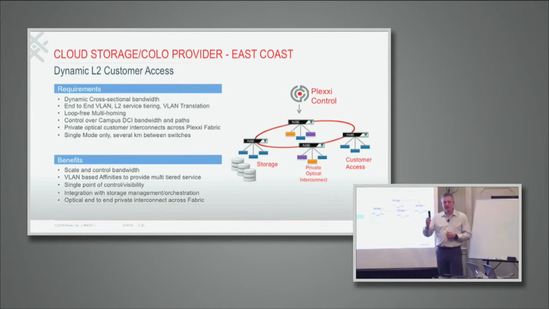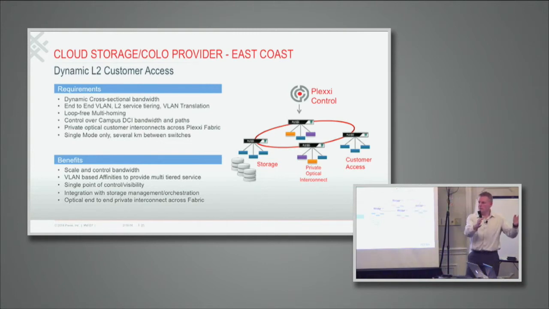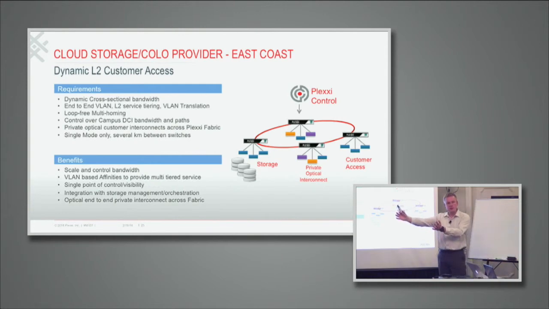Last thing they do, and this again comes back to those flex ports, they have some customers that are actually willing to buy capacity from one side of the facility to the other side of the facility. Big customers have some hosting devices on one side and storage, shared or otherwise, on the other side, and they're actually willing to buy a private 1 to 10 gig connection from one side of the facility to the other.